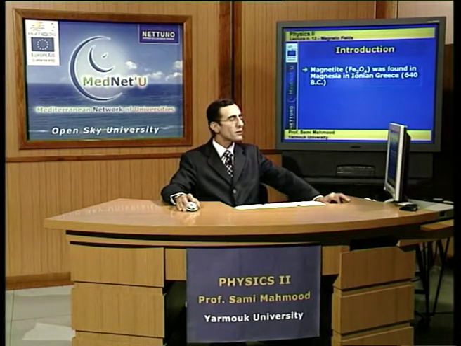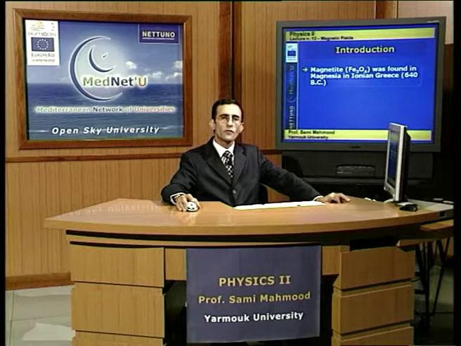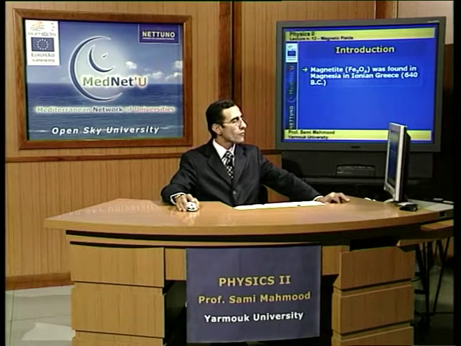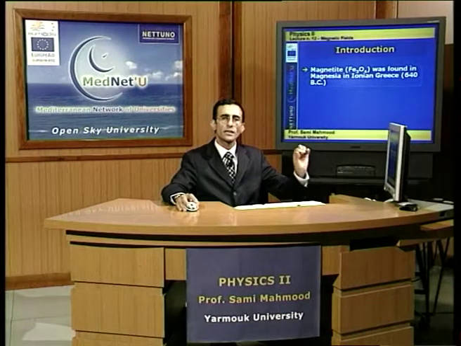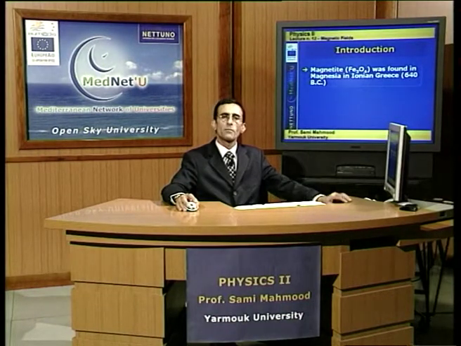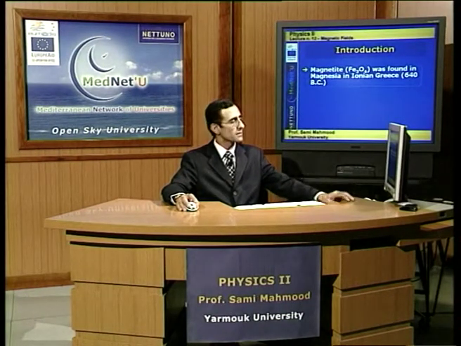The mineral magnetite, which is one type of the iron oxide, Fe3O4, was found in Magnesia in Ionian Greece in 1640 BC. This is a natural rock which has the property of attracting metallic iron pieces.